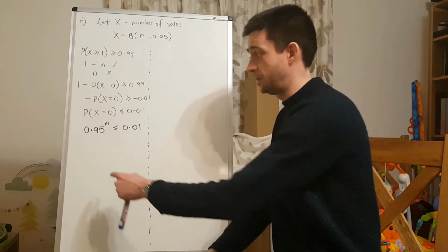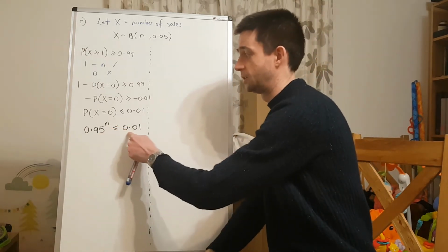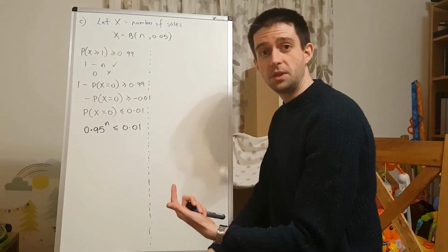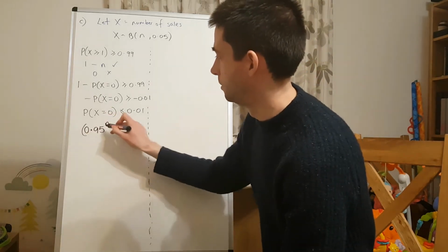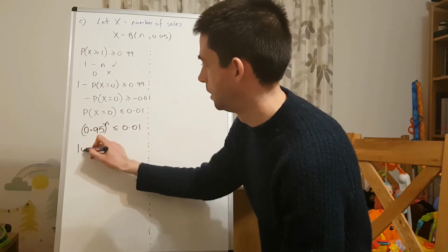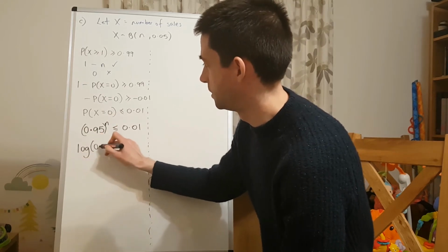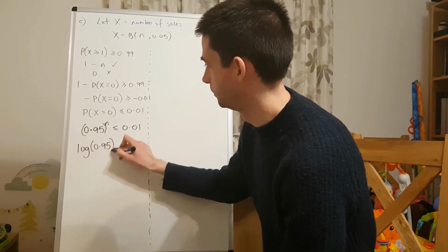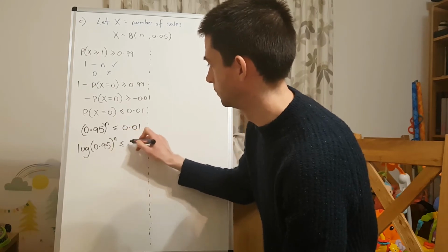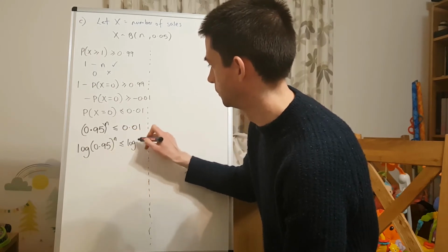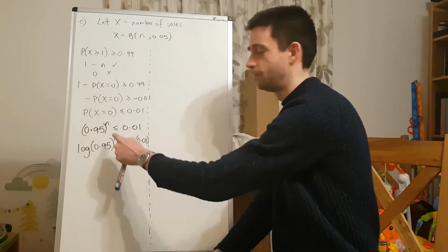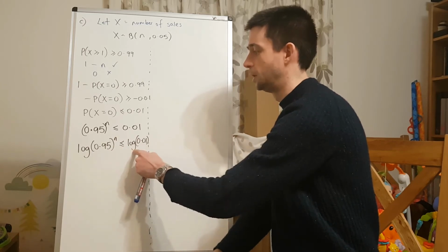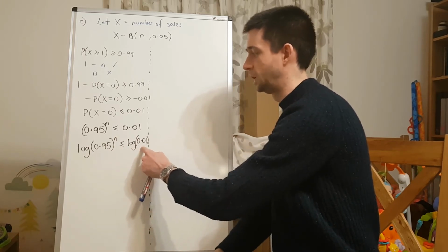So what we have now is a number to a power is less than or equal to a number. We're going to solve this inequality using logarithms. I'm going to put a bracket in there and take logs of both sides. So log of 0.95 to the power of n is less than or equal to log of 0.01.